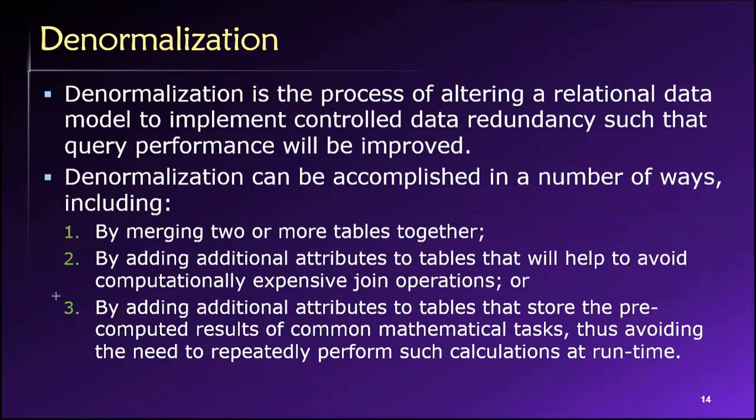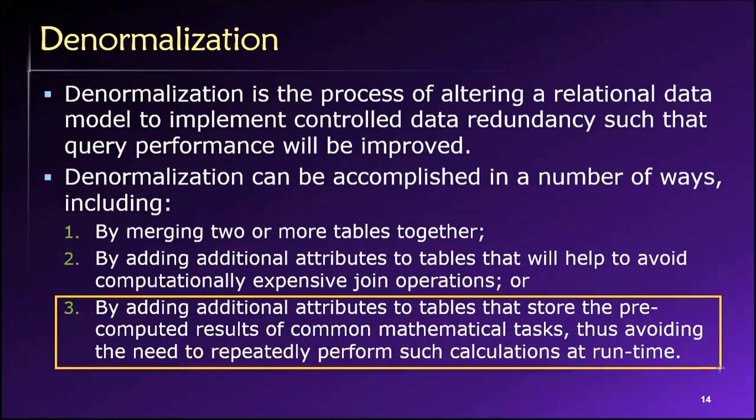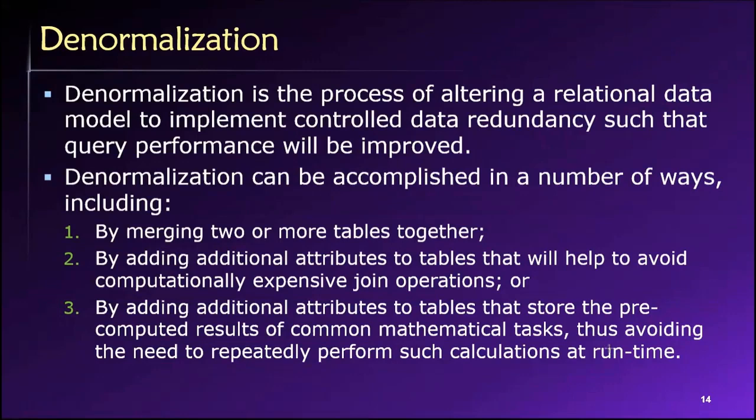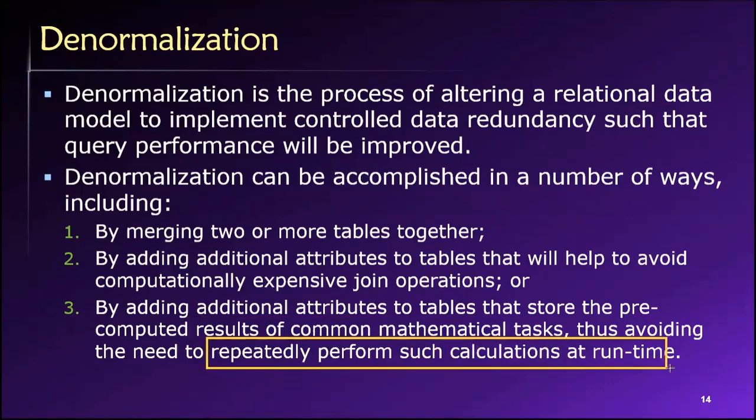And our third strategy is somewhat similar to the second, but in this case, what we're doing is adding an additional attribute to a table that stores the result of a common mathematical task. And this allows us to avoid the necessity of repeatedly performing that mathematical task at runtime.